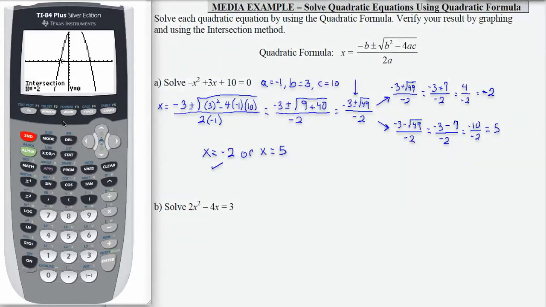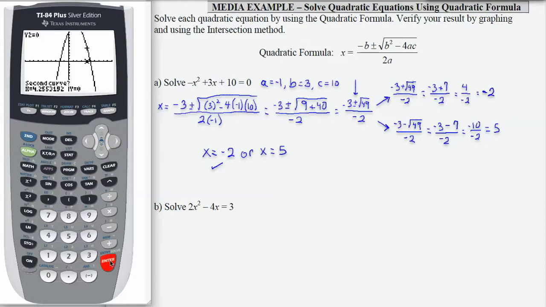Let's use the second calc intersect process again to find the other solution and verify that x equals 5 is our second result. I need to use my arrows to move my cursor closer to my second crossing here. Now I'm close enough.